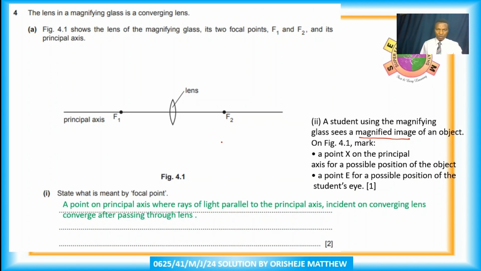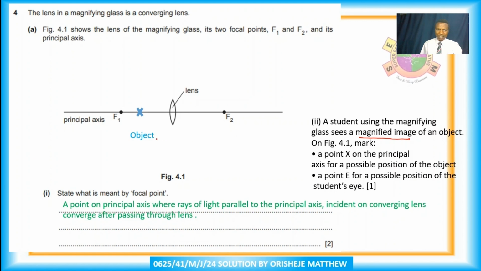So for a converging lens to produce a magnified image, the object must be placed at a position less than the focal length. So you place it at that point there.